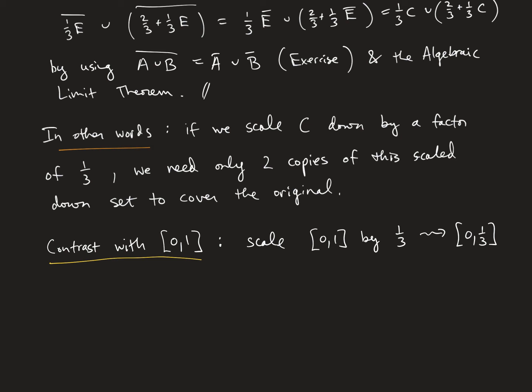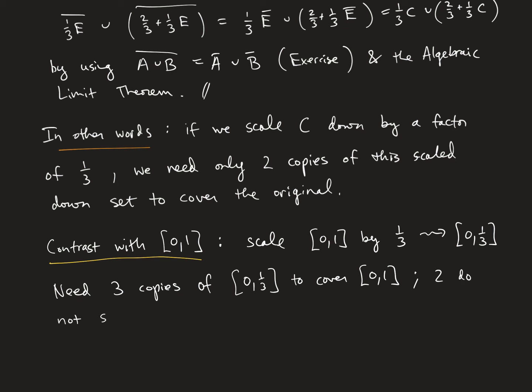So we need 3 copies of 0, 1/3 to cover 0, 1. So 2 do not suffice. Essentially, intuitively where this is going is that this indicates that the dimension of 0, 1 is bigger than the dimension of C.